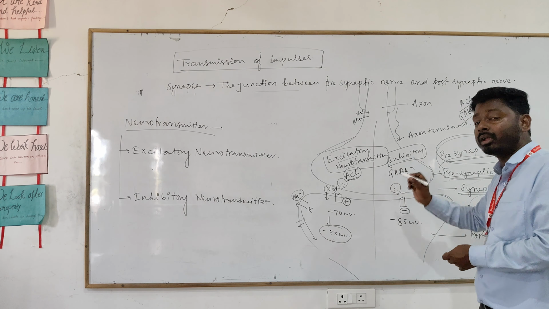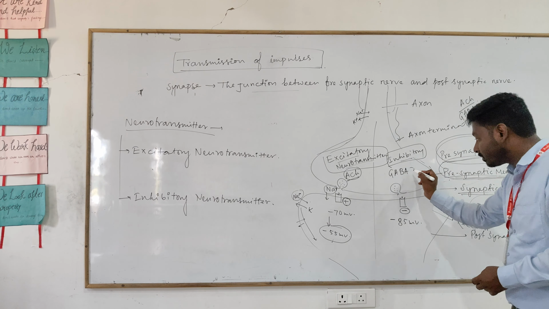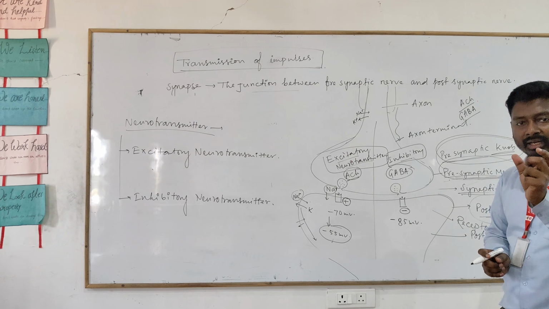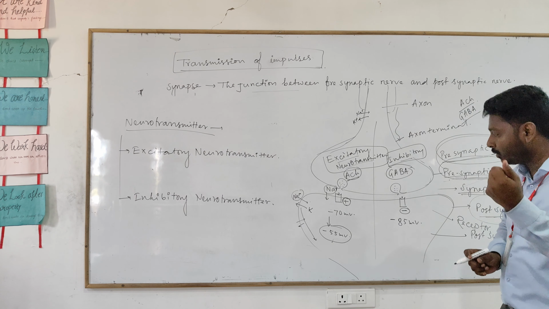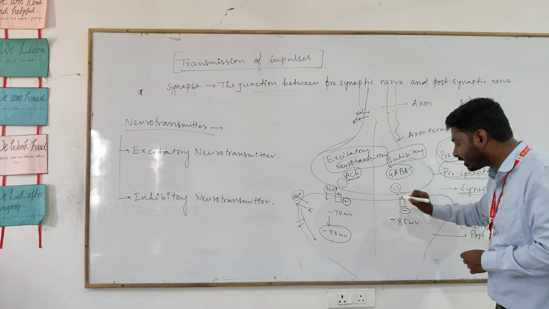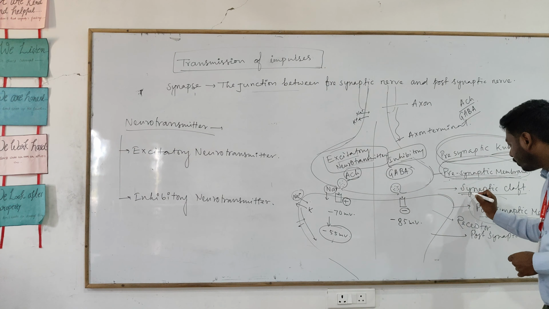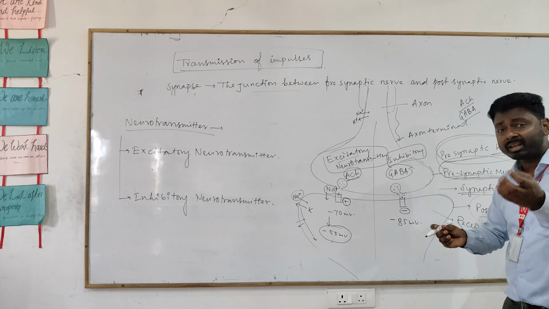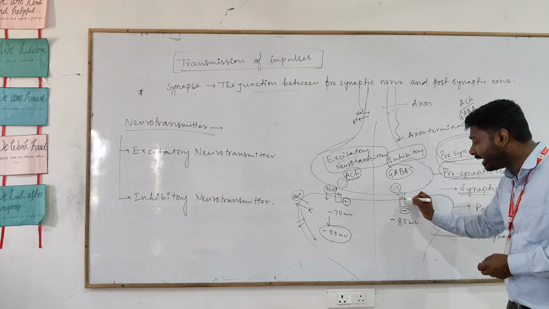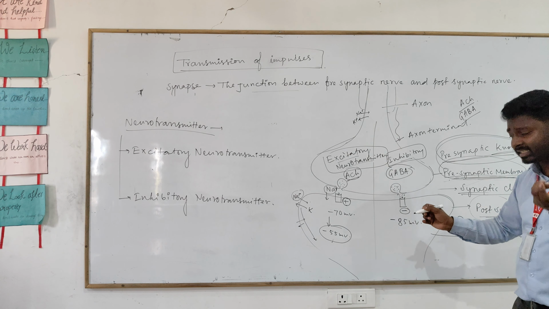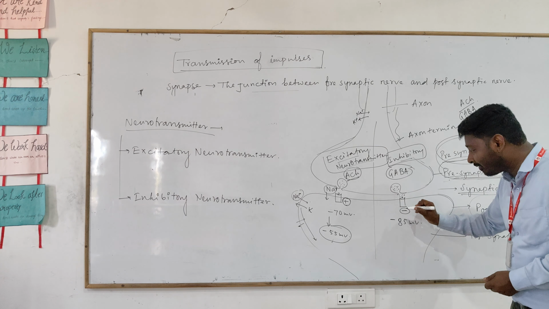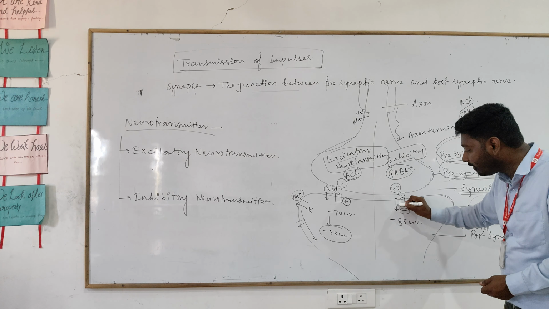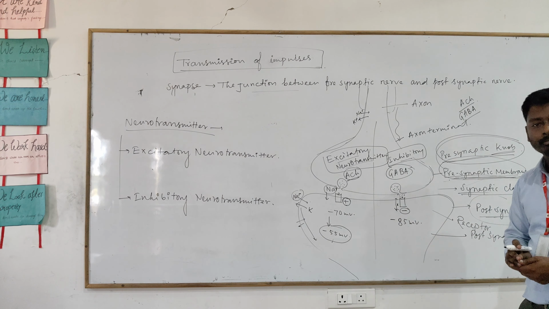If it is inhibitory, how does it work? Suppose the example here is GABA. Gamma-aminobutyric acid is one kind of neurotransmitter. When this neurotransmitter fuses with the presynaptic membrane, is released in the synaptic cleft and placed over the GABA receptor, what does this GABA receptor do? Influx of potassium.